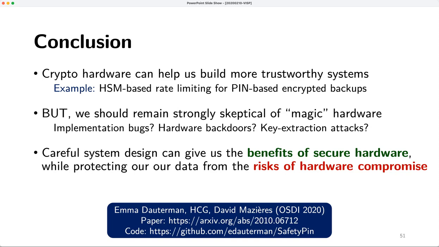And it's not too bad for the HSM to serialize these requests and just do these decryptions one at a time. What it does is increase the user-perceived latency of the backup. But this 1 second number is actually computed with many concurrent requests to the hardware, so I don't think it's going to be that big of an issue.